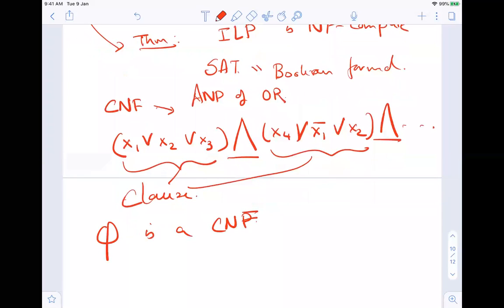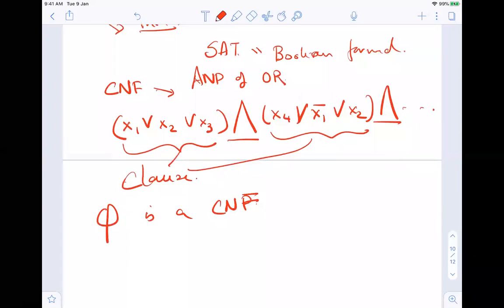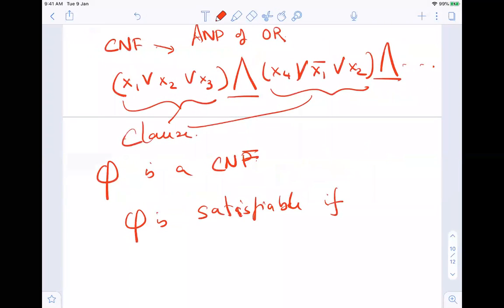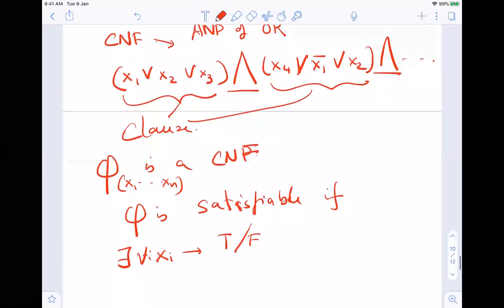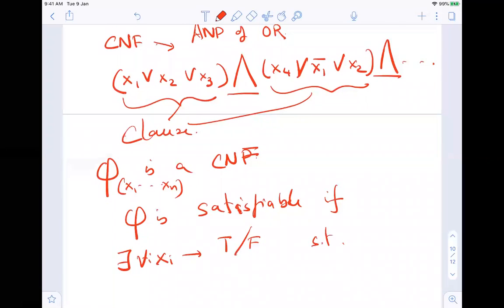I want to see whether phi is satisfiable. Let's say phi is on variables x1 to xn. Phi is satisfiable if there exists an assignment, with each xi put to true or false, such that phi evaluates to true.